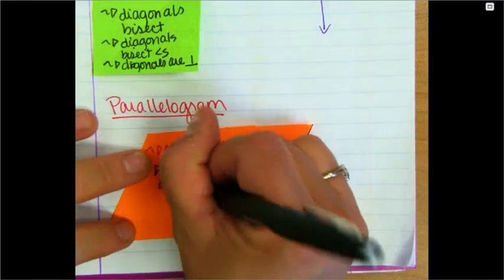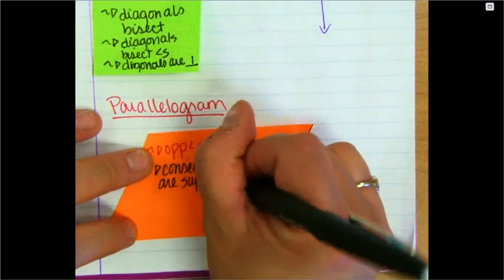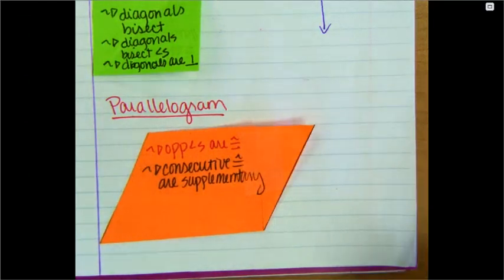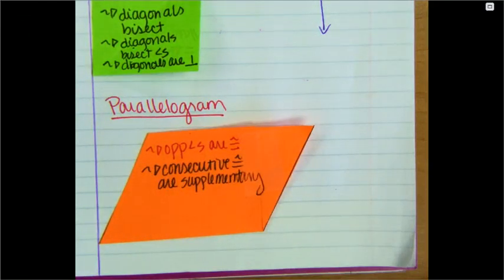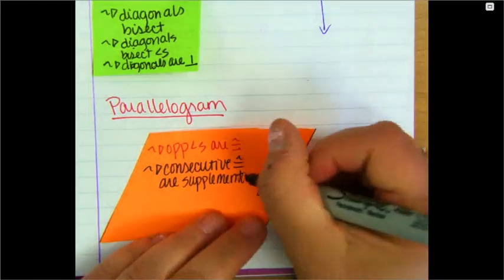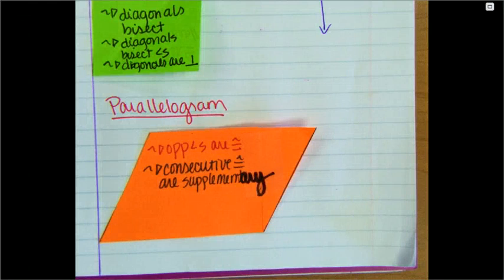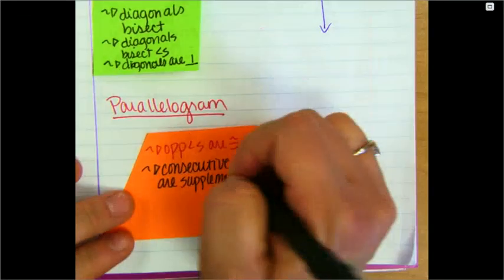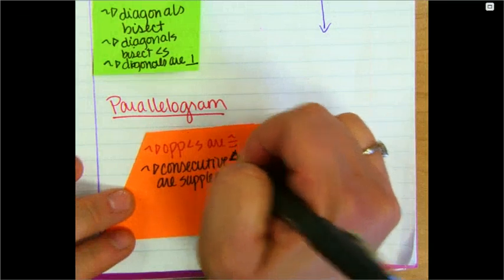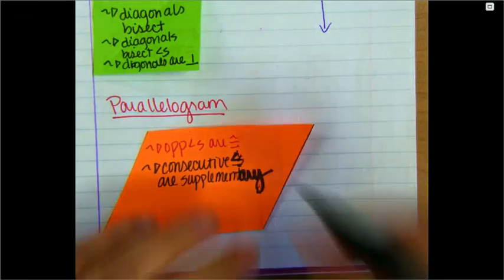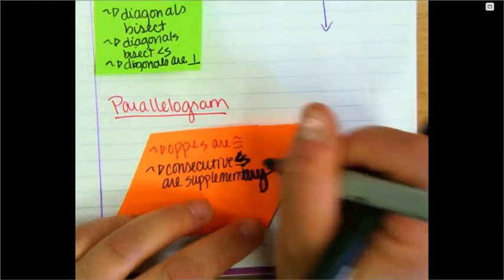What does it mean to be supplementary? They add up to 180. Stop saying equal. Consecutive angles are supplementary.